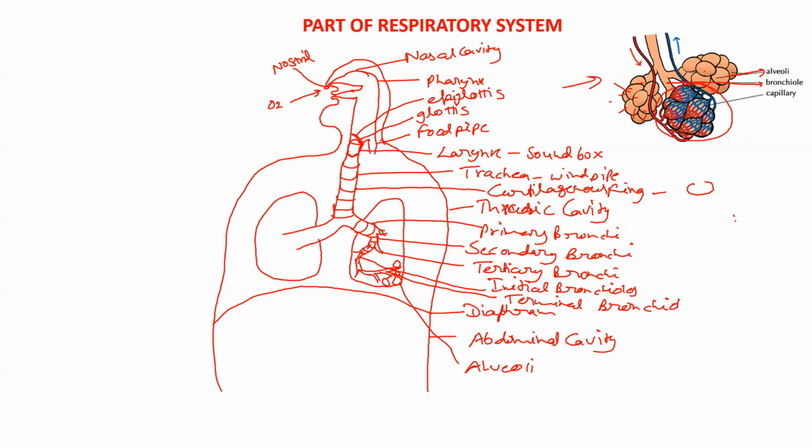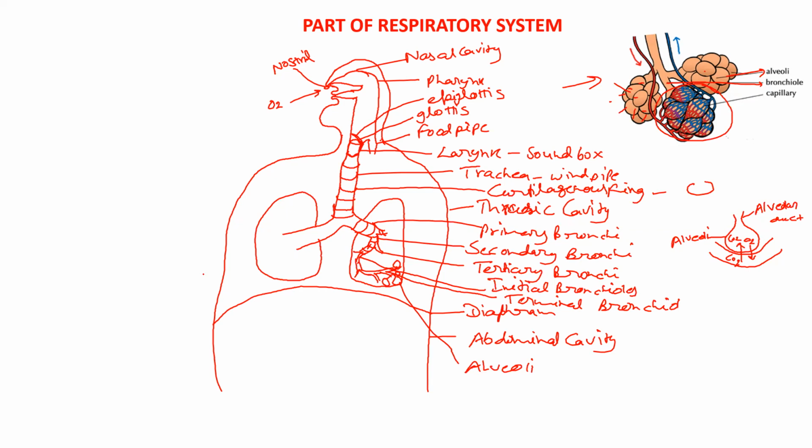So if I draw a simple diagram, this is the alveoli, this is the alveolar duct, and here is the blood capillary. So oxygen from the alveoli enters the blood capillaries and CO2 from the blood capillaries goes out into the alveoli. Okay. So this is how the diffusion and exchange of gases take place.